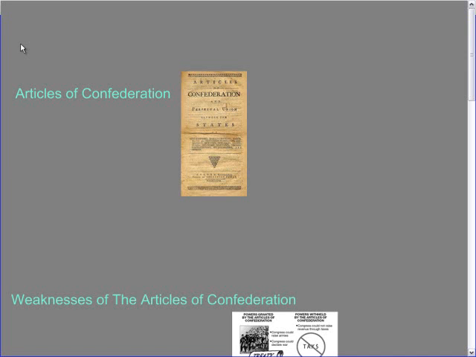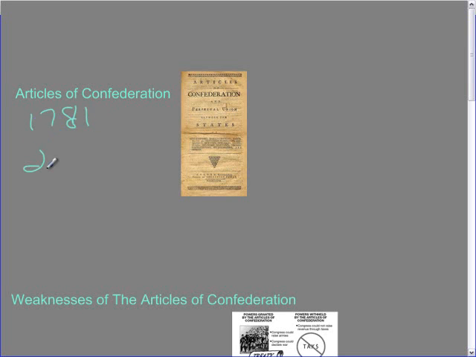So they come up with this system of government at first after the Revolutionary War called the Articles of Confederation. It is created in 1781, and it is our first government, our first plan for a government after the Revolutionary War.